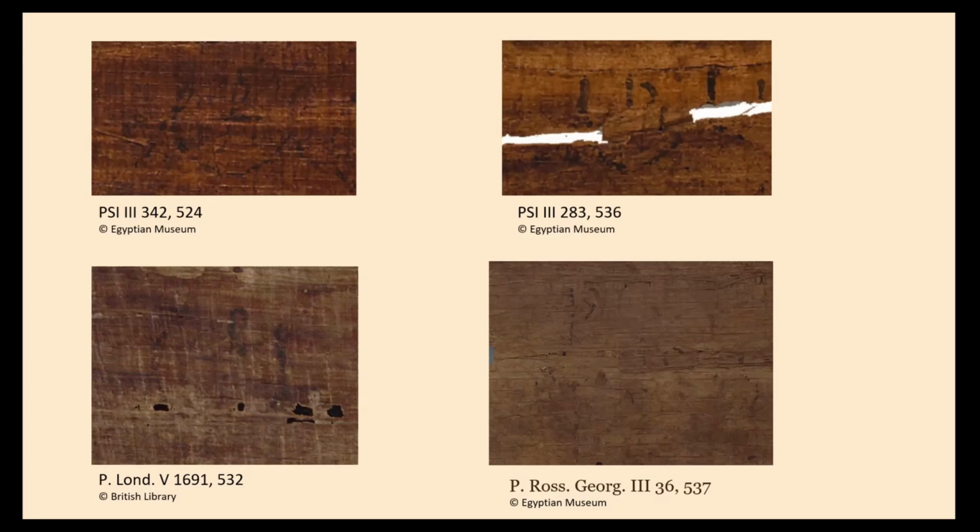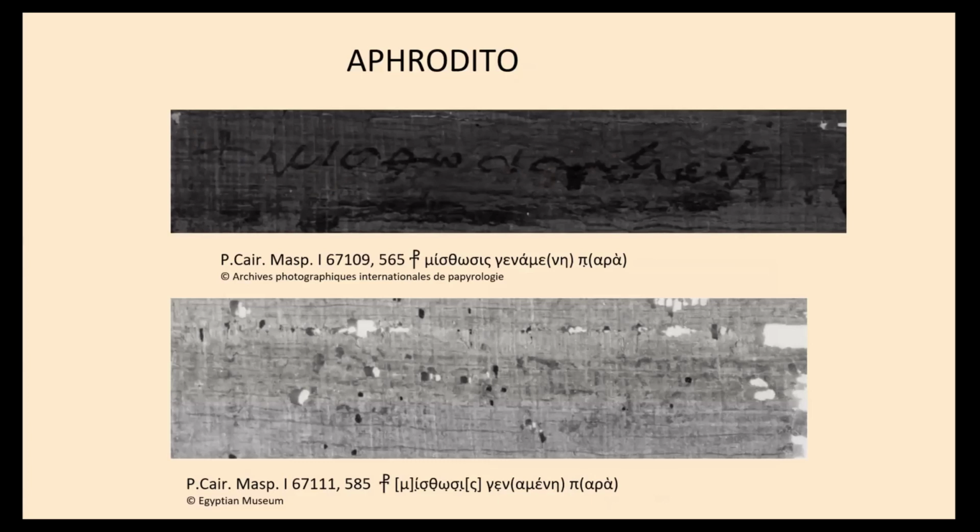For uncertain reasons, such a compendium or monogram form of Misthosis seems to have been abandoned in Aphrodito in the second half of the 6th century, when on the verso of leases we always find the word Misthosis written in its entirety and preceded by a Christian symbol.